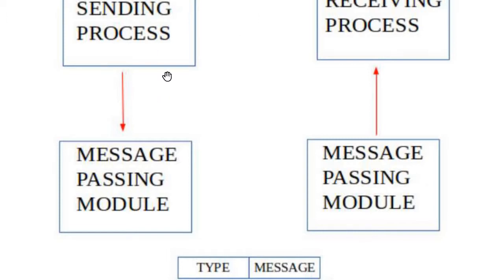The sending process passes the message in the message passing module, and here is the message and the type. This is actually the queue which will be having the message along with type. This message will be having all the detail with the header. All these components will be present here. Then comes the receiving process, which will take this message from this module and then displays this message if it is required.